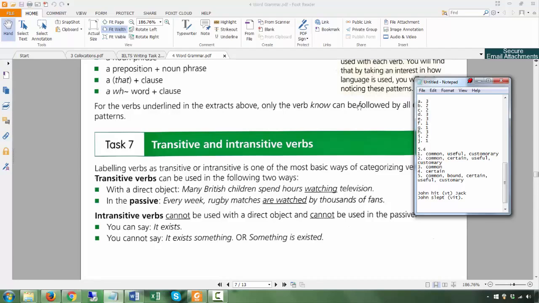Some of them are like that, but for most verbs you have both transitive and intransitive uses. Some meanings you can use in a transitive way only, and other meanings could be intransitive, or even the same meaning could be used in both an intransitive and a transitive way. All right, so let me just go through.